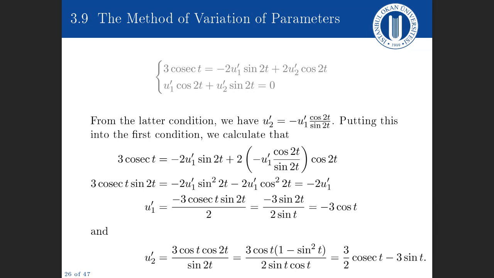On the left, we still have 3 cosec t. On the right, the first term stays the same, -2u1' sin 2t, plus 2. Instead of u2', I'm writing -u1' cos 2t over sin 2t, and then multiplied by cos 2t. We can simplify this.